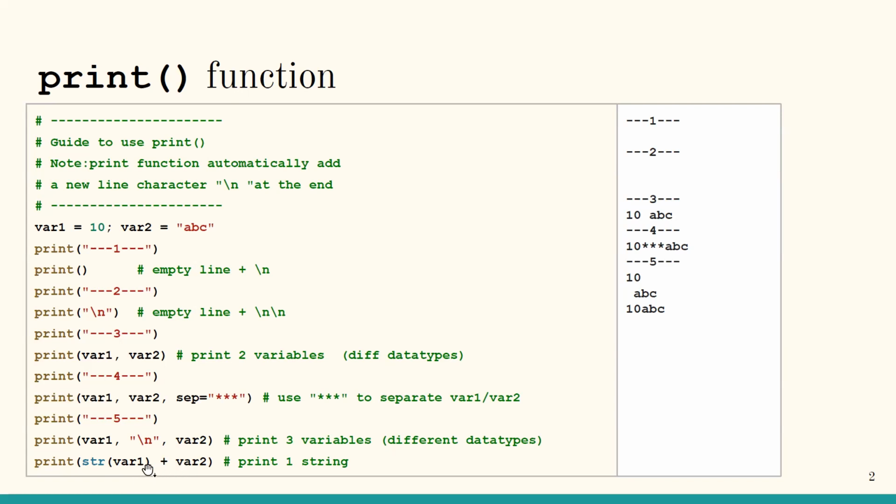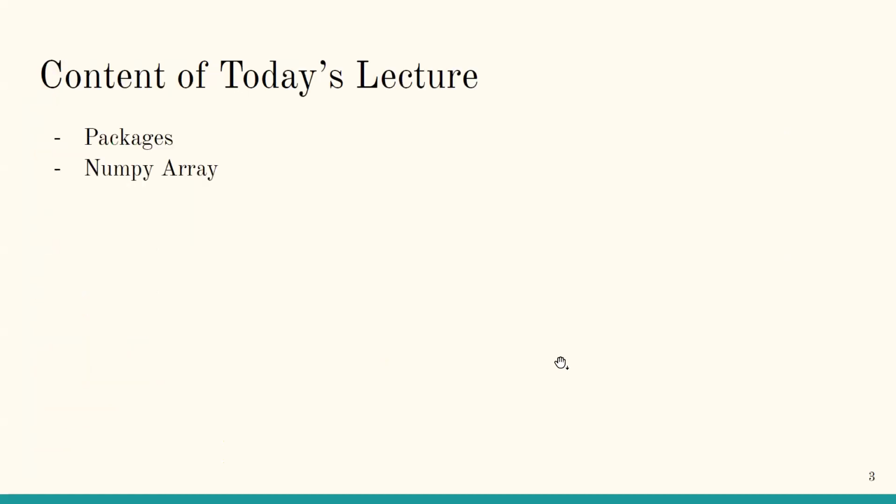For example, if you are putting 2 integer variables here, they will be added, and then you're printing just 1 variable. Remember that. The print function is actually the very first function that you have learned, and it's very important when you do debugging, for your homework or any coding. Everybody has to do that.